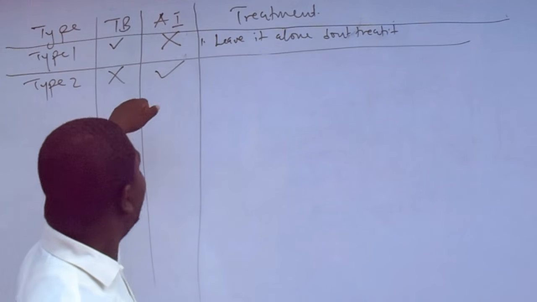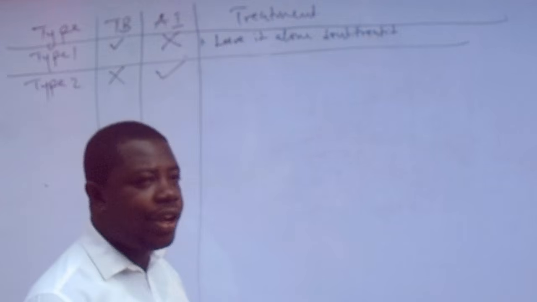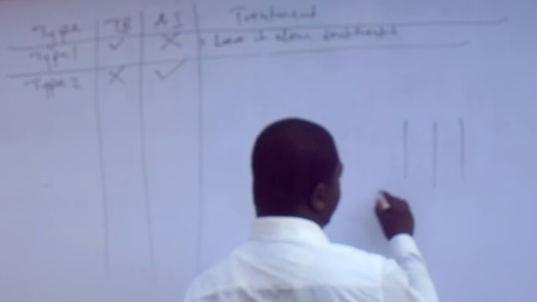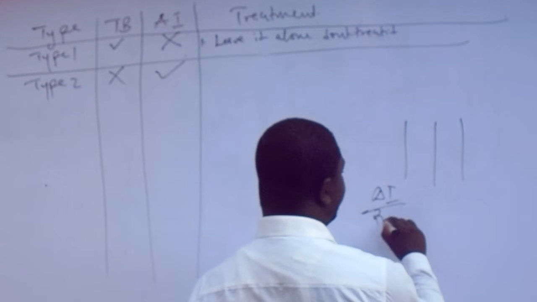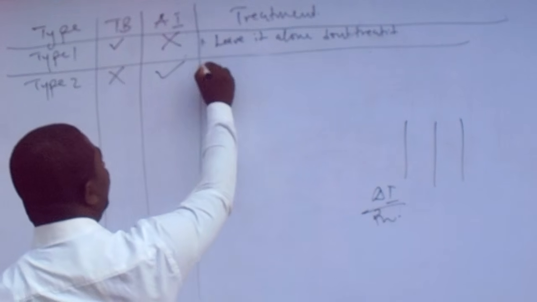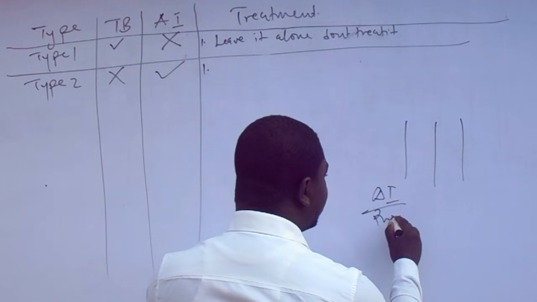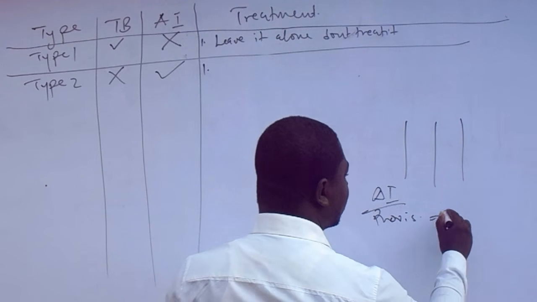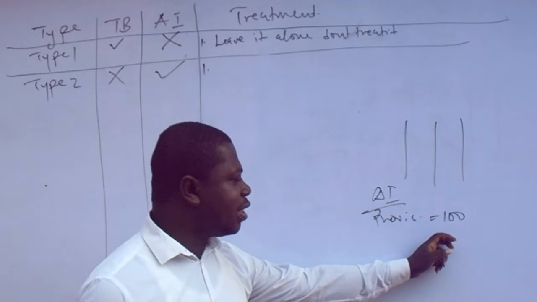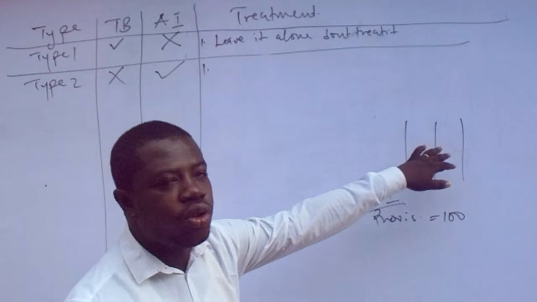This is for last year, and this is for this year. If the provision, for example, is 100 cedis for this year, after calculating we have 100 cedis, and then last year there was no provision.